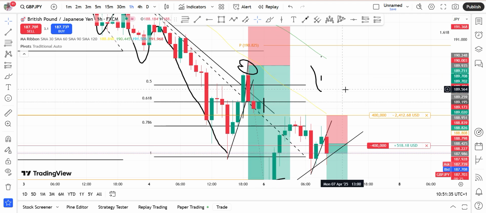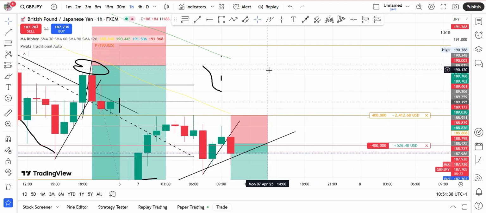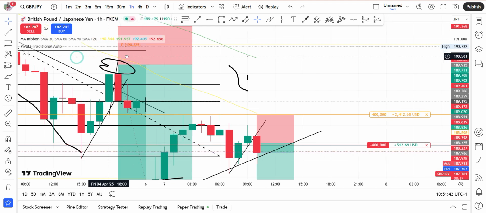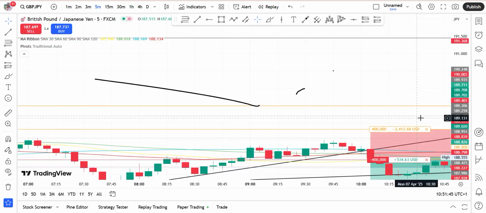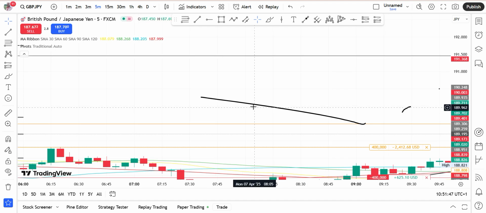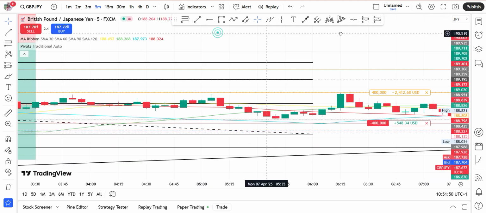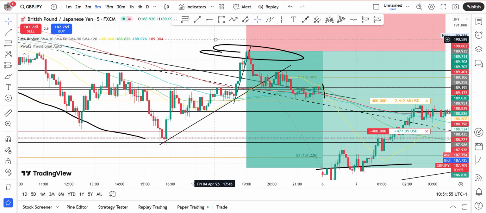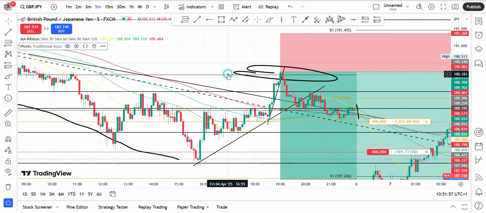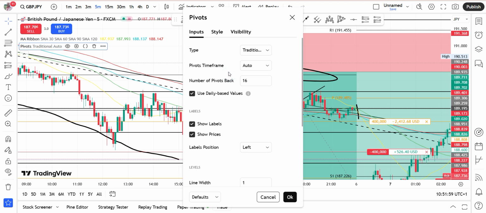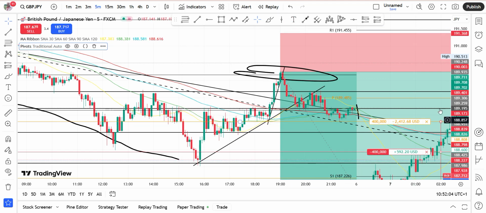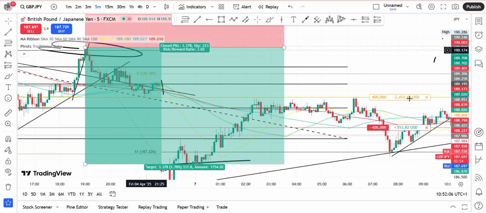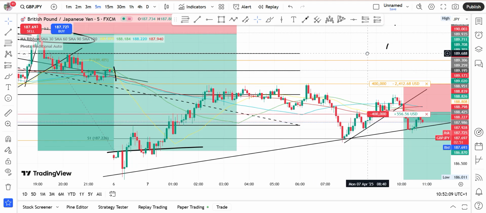And I need to see a pivot on the 5 minutes. And here is the pivot. You see, this is the pivot. So that's what I want to see.